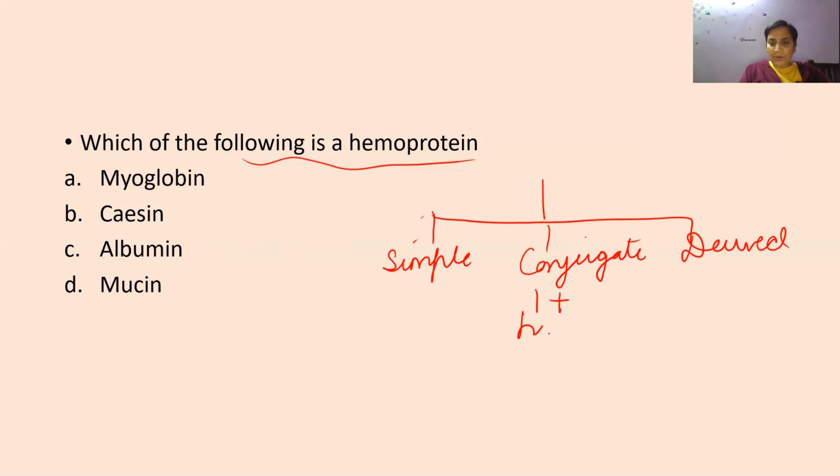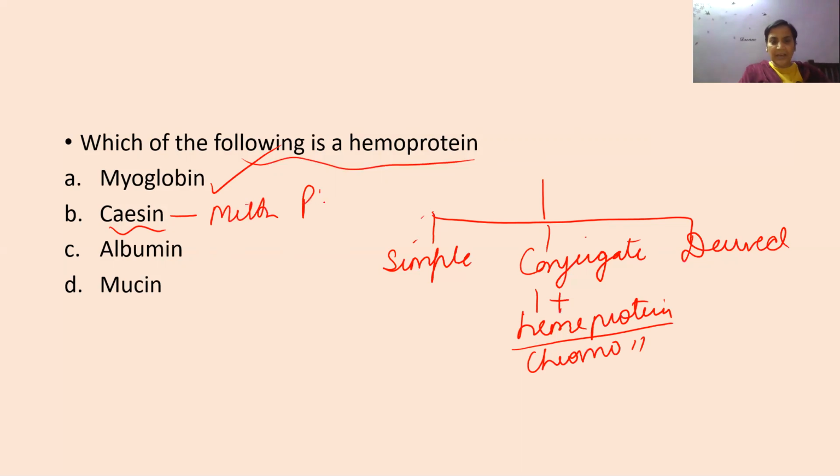So this heme protein will come under conjugate protein, or it is also known as chromoprotein, color protein. So it has to be myoglobin. If we look at casein, casein is the milk protein, or it is a phosphoprotein. Albumin is a simple protein.